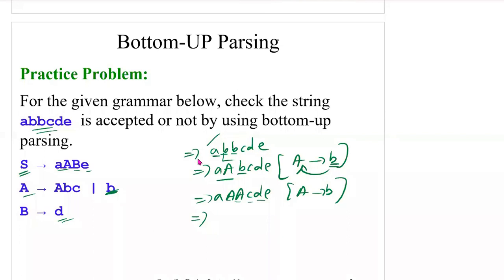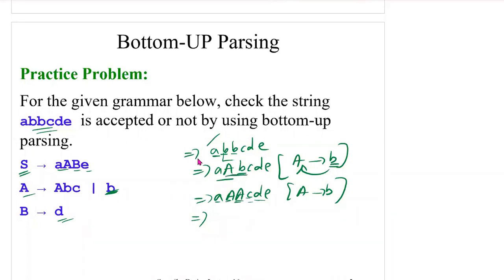Now here you can see small a, terminal A, you don't have any substitution on the right hand side. Then terminal A, small c, small d, also you don't have substitution. But here, earlier we made one mistake.